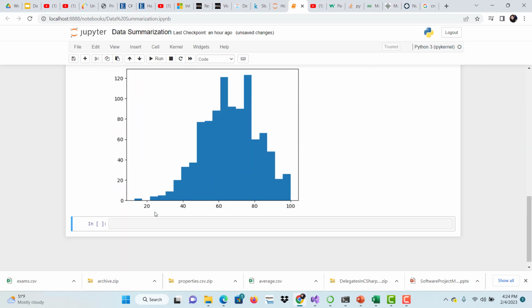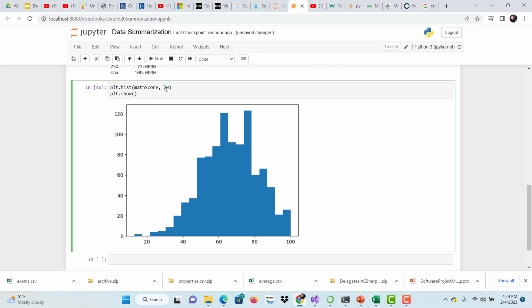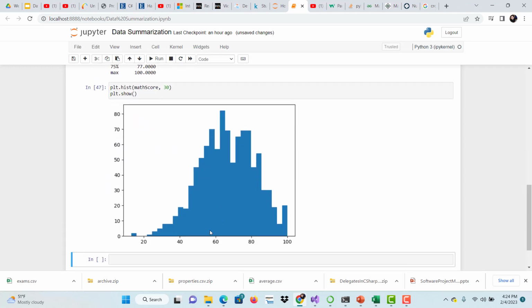Okay, good. That's the histogram we got, and in the reading you have learned how to interpret a histogram. For example, in this histogram, overall it's symmetric.